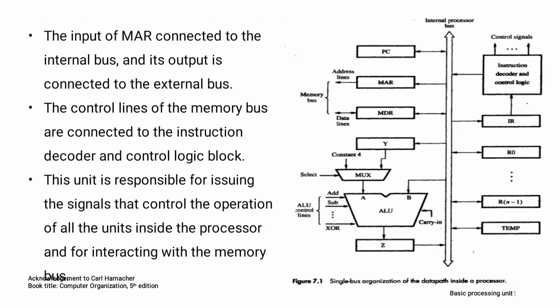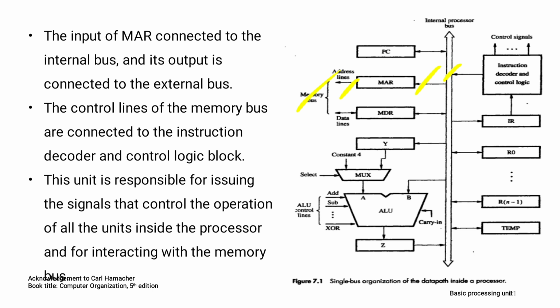The input of MAR is connected to the internal bus, where the incoming arrow line is, and the output of the memory address register is connected to the address lines in the external memory bus.